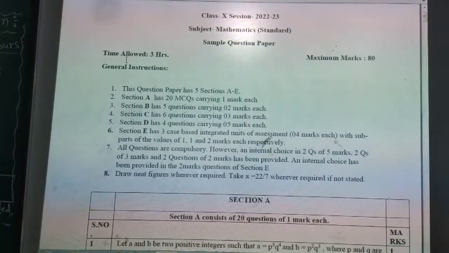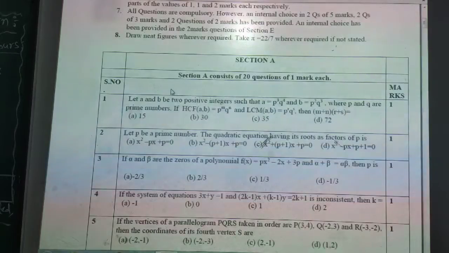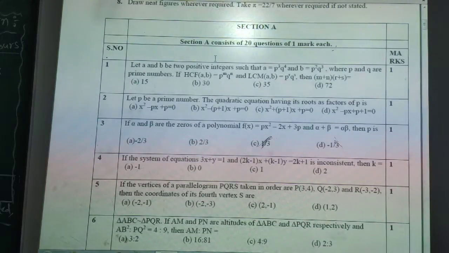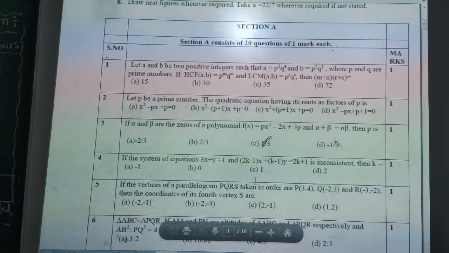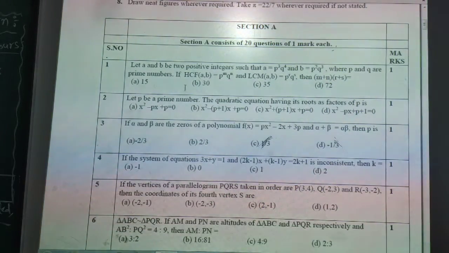Total time allowed 3 hours. Maximum marks is 80 marks. General instructions I have already explained clearly. Now see, first section A, what I told here: 20 MCQs without choice. Section A consists of 20 questions of 1 mark each.